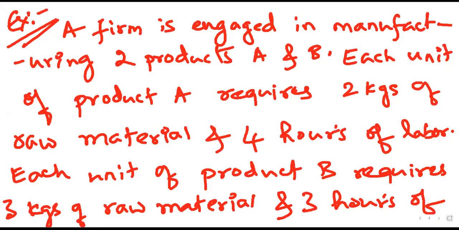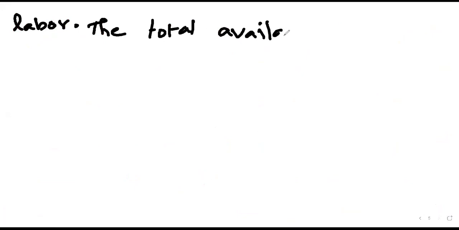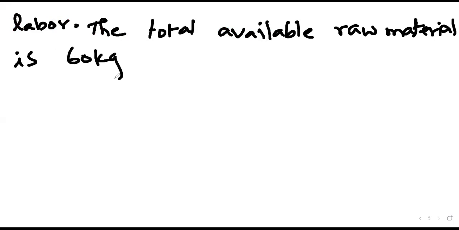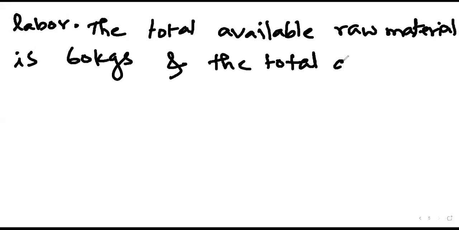So 3 hours of labor. So the total available raw material. Now coming to the constraints. The organization has some constraints, and the total available labor hours.